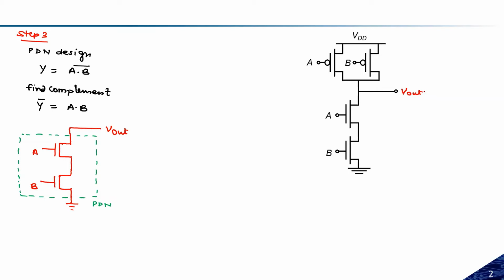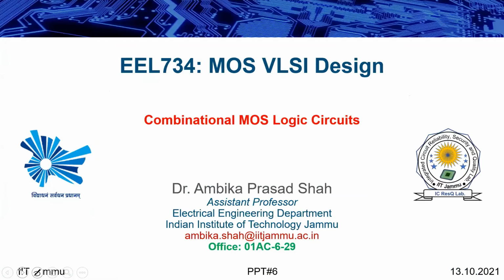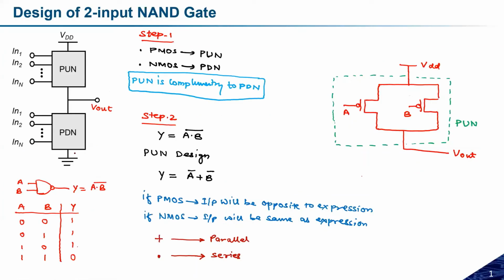Yes. If I'm talking about the CMOS based structure, we always consider the inverter kind of configuration. Yeah, I missed one thing, let me go back here. Suppose I have two inputs or n number of inputs. For one input, if you can recall the inverter, I had one input and one output.